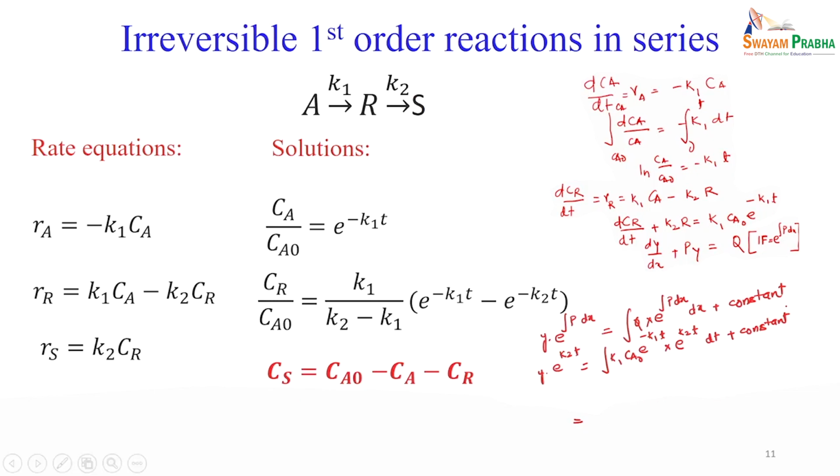If you solve this, it will come like k1 divided by k2 minus k1 e to the power k2 minus k1 into t plus constant. Now, if t is equal to 0, this y, or you can say the CR, will be 0. So, at t is equal to 0, CR will be 0. So, if we put like this, the value of constant will come.